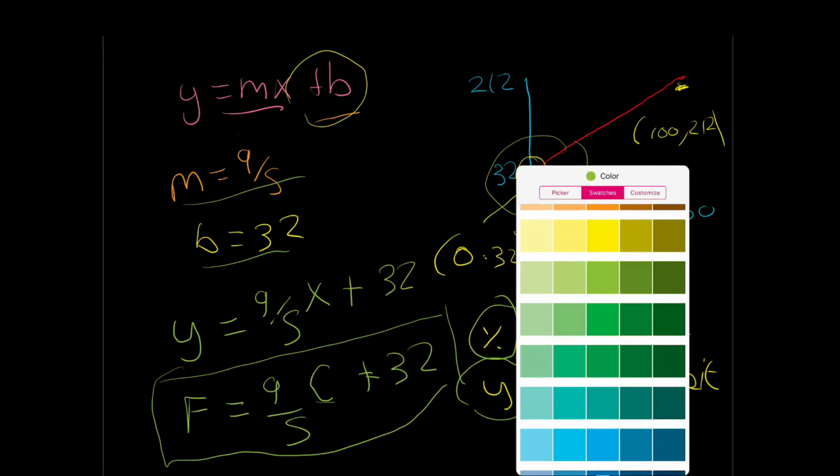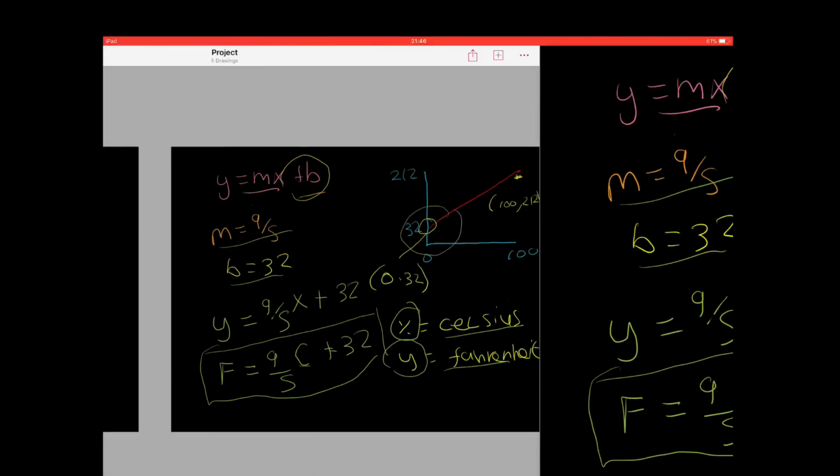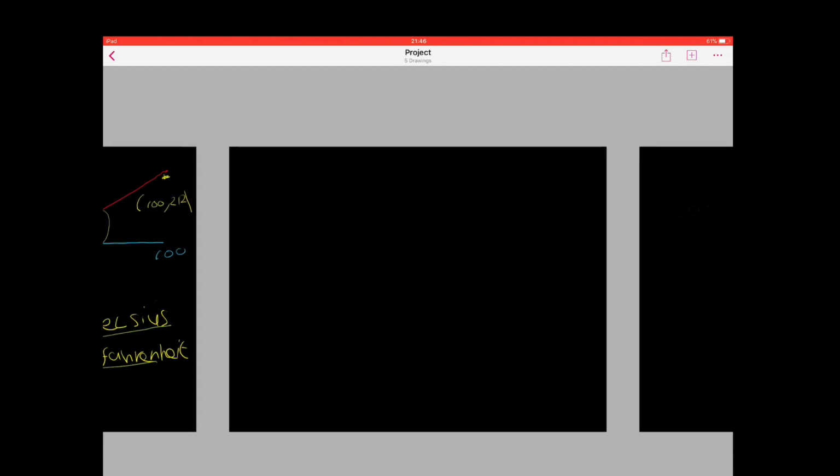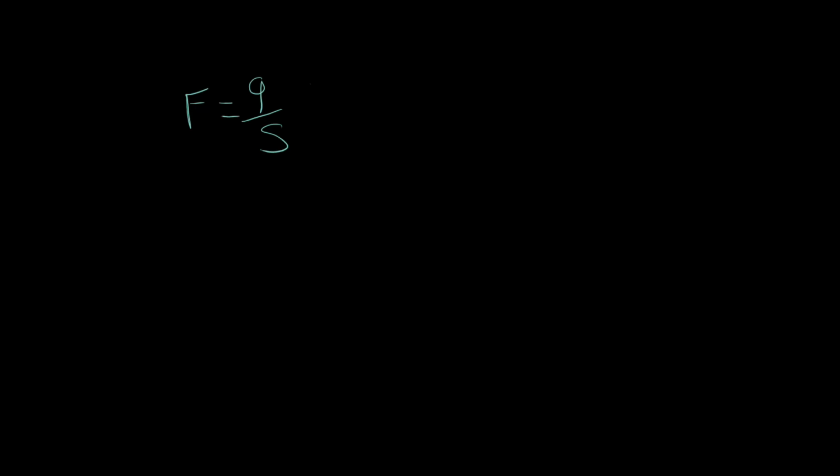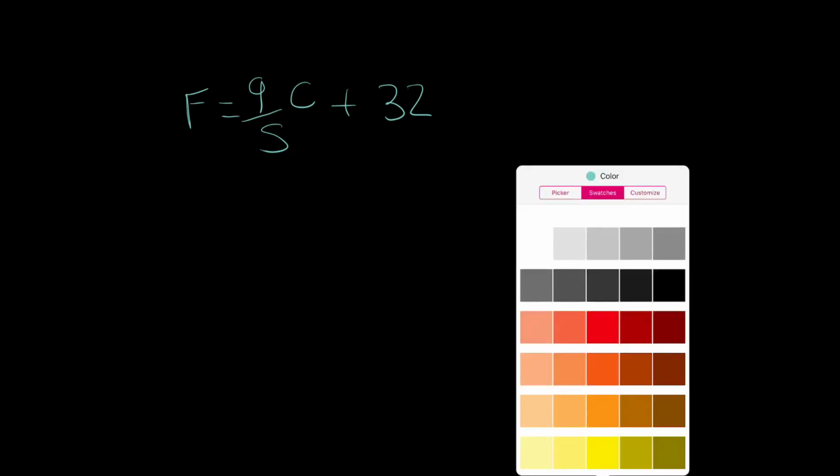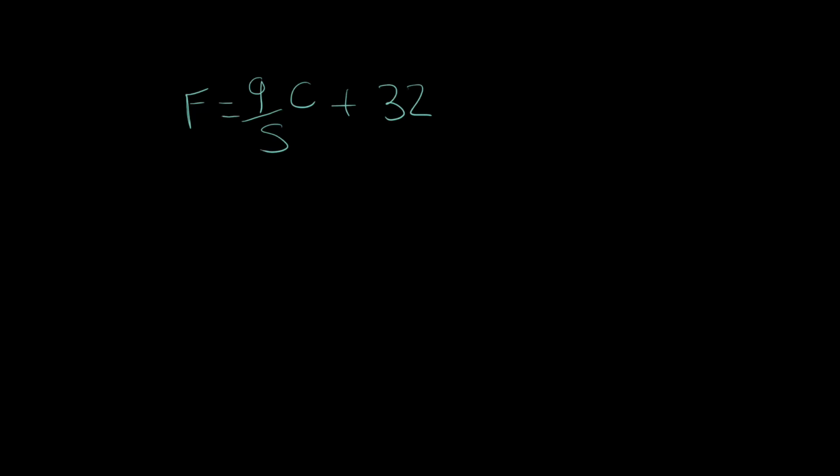Now we're going to have a look at how to get it in Celsius. Let me just write this out again. We had F equals 9/5 C plus 32. That's Fahrenheit. We want Celsius degrees, so it's easy from now.